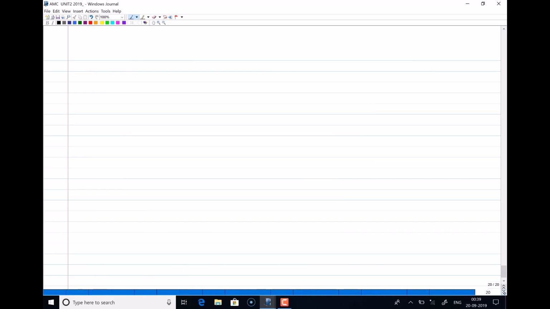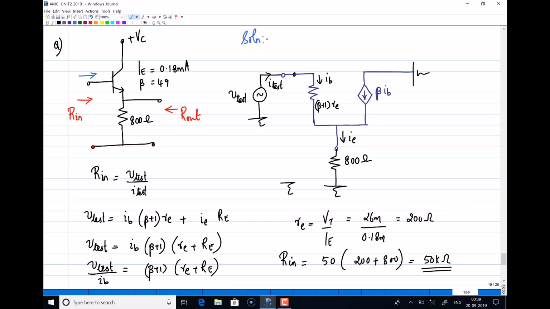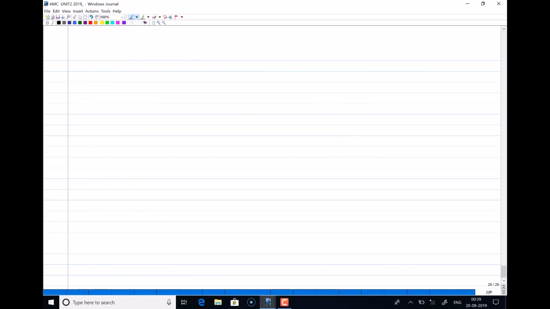Similarly, to find the output impedance, the input side should be shorted. I'll use the same equivalent circuit, which is beta plus 1 into Re, and this is beta IB.